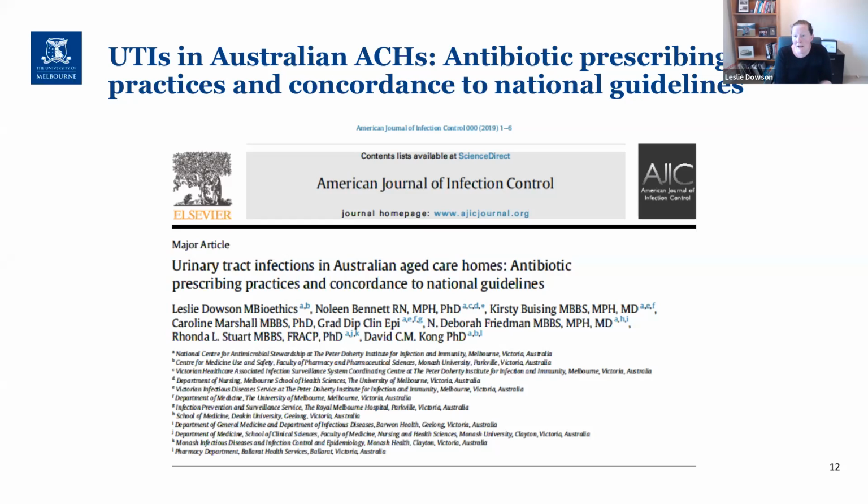Also, for the treatment of cystitis, when we looked particularly at the Keflex prescribing, only 11% of prescriptions were actually concordant with the recommendation in the therapeutic guidelines. So what the actual recommended treatment is, only 11% of those prescriptions met that guideline. Overwhelmingly, the issue was frequent doses.